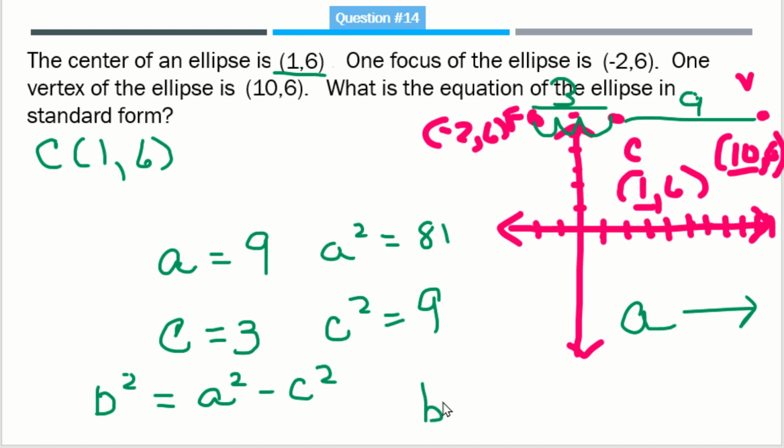So B squared is equal to 81 minus 9. And I'll get my calculator out just to double check. 81 minus 9 is 72. So B squared equals 72. Now we have everything that we need to plug into our equation.